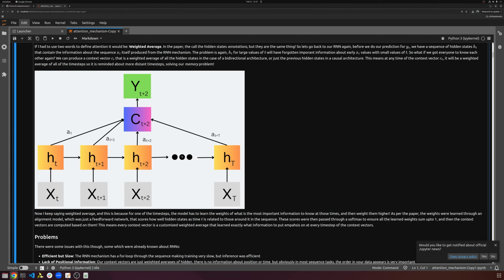These hidden states hold some information about the history of our tokens, and more importantly, how the tokens are related to each other. This ht plus 2 learns how xt plus 2 is related to the history, and it does it by the weighting mechanism inside the RNN or LSTM or whatever mechanism you decide to pick.